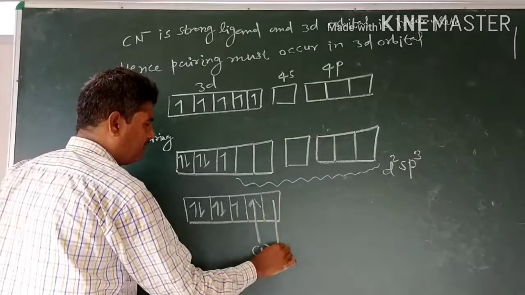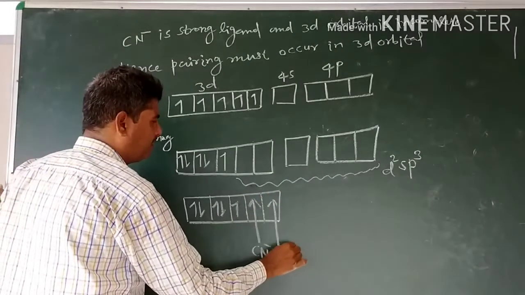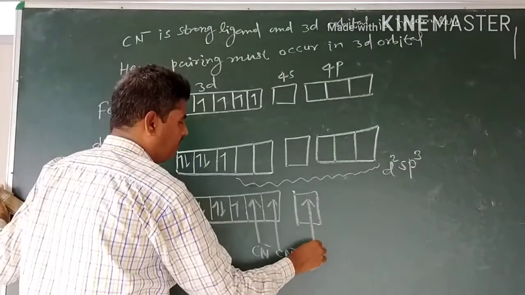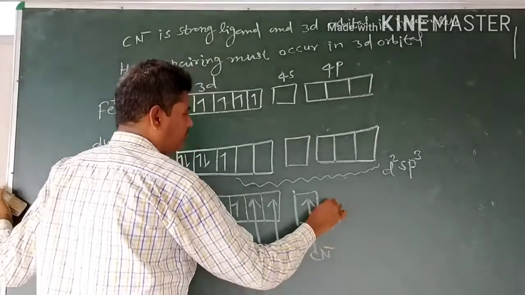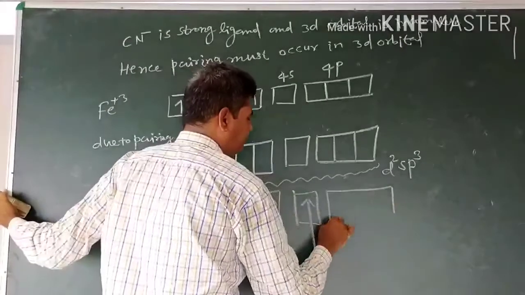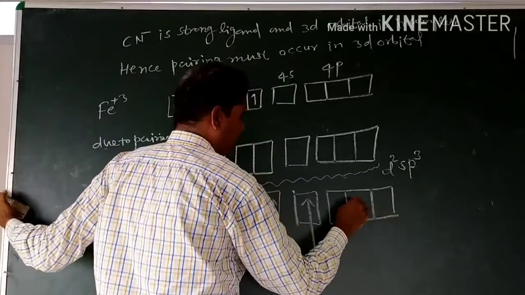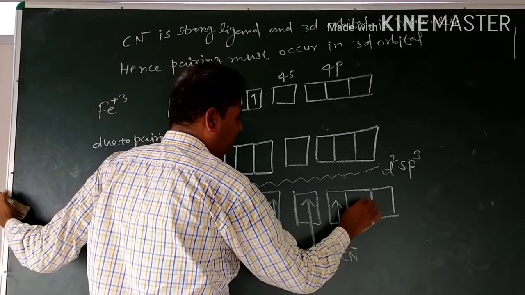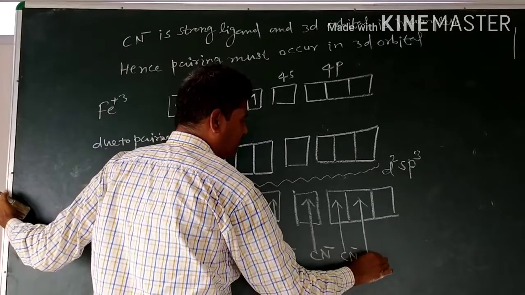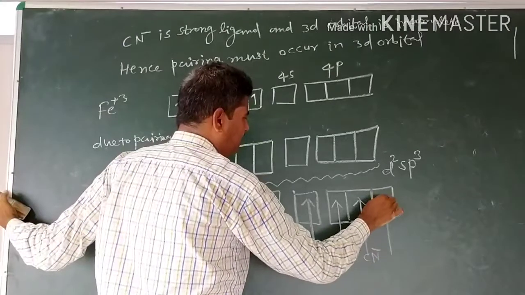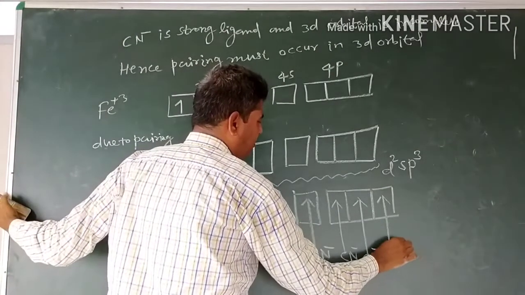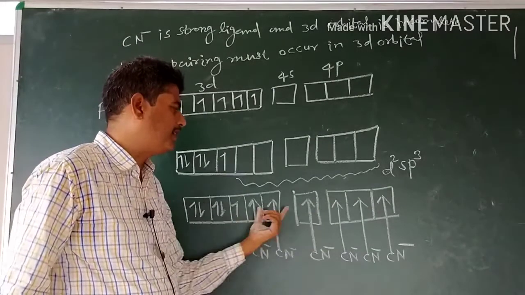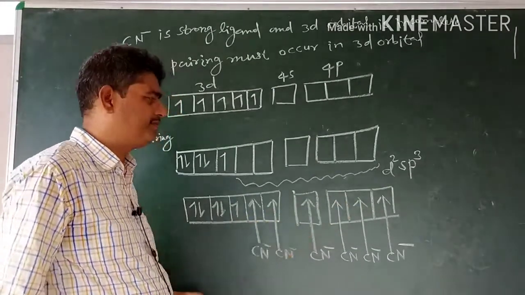CN minus, CN minus, CN minus, CN minus, CN minus, CN minus. Here the full arrow represents the coordinate bond.